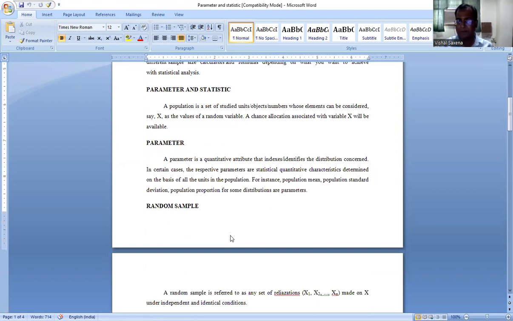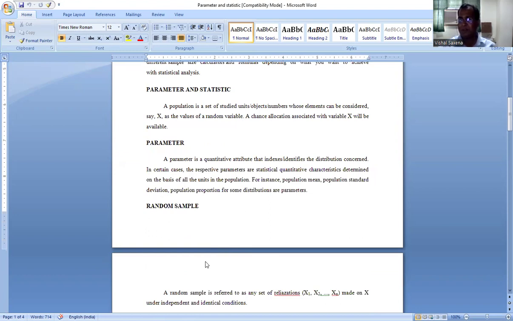Now next is our topic, parameter in statistics. Parameter and statistics are two important concepts. Parameter is related with population, while statistics is related with the sample.